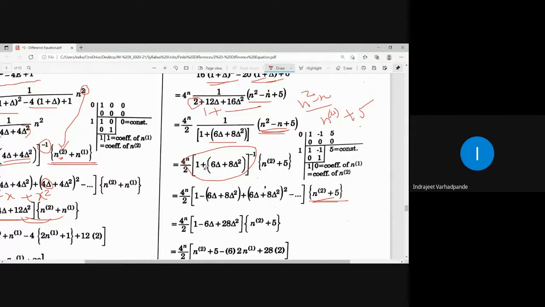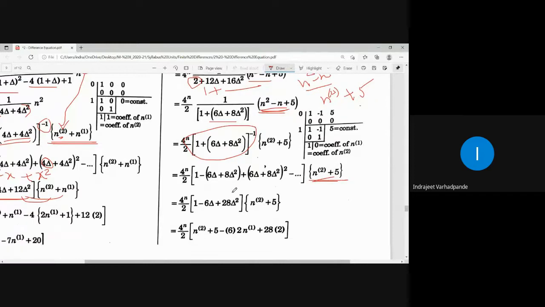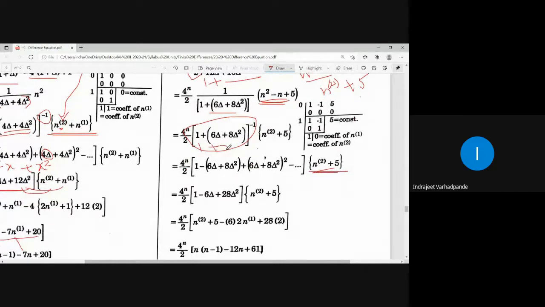Take this denominator to the numerator by raising the power as -1. Expansion of 1 plus x will be 1 minus x plus x square. As I am interested in the power of delta till 2, degree 2, this term will give you delta square, and all other terms will give you 0, because 2ab will give you delta cube, b square will give you delta to the power 4, which will not be of use.